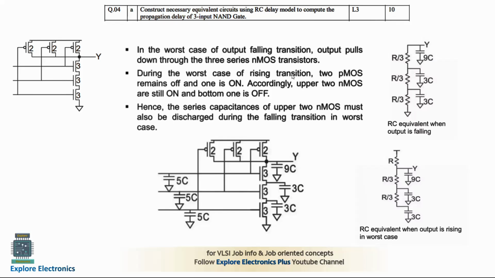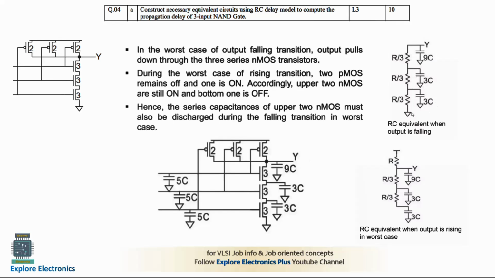And then taking the worst case of rising transition in the sense at least 2 PMOS transistors will be off, at least 1 transistor will be on. That can be considered as a rising transition. According to that, upper 2 NMOS transistors are still on, we can say, and bottom one is off. And the series capacitance of upper 2 NMOS must also be discharged during the falling transitions in the worst case.